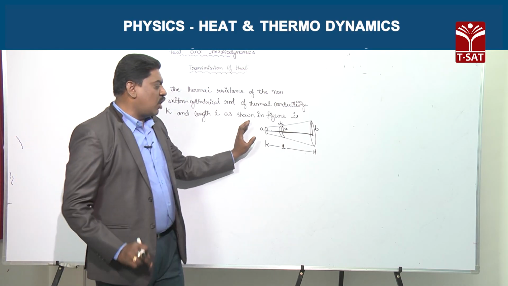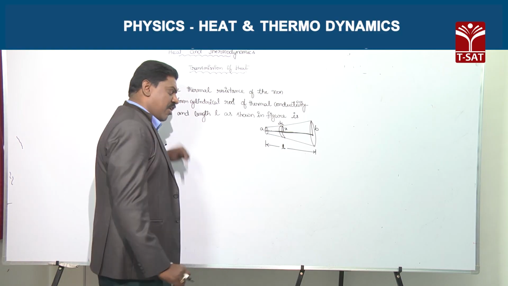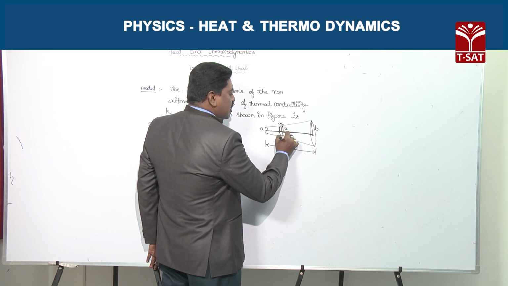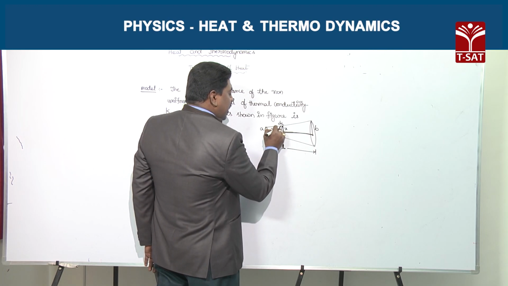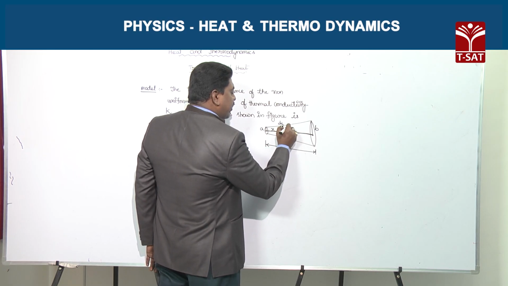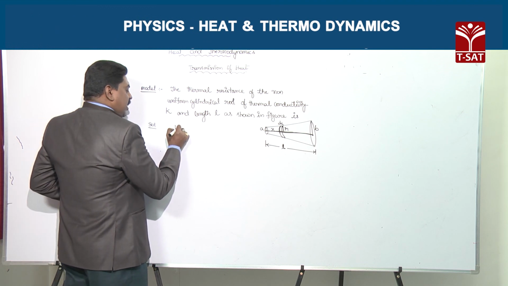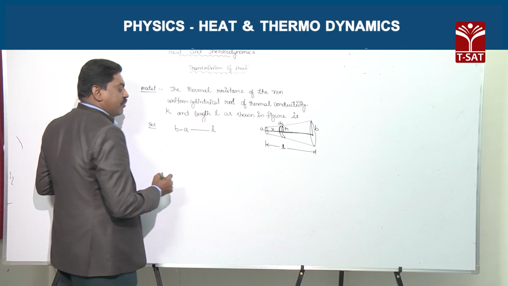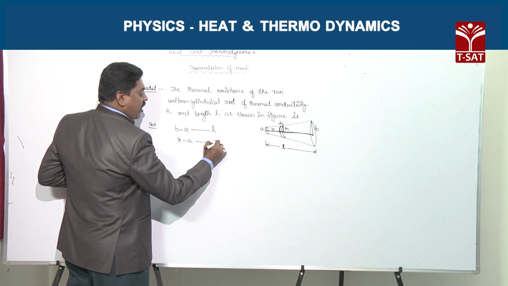Now in this case what we do is we consider change in radius per unit length. For this purpose we consider a small circular portion of width dx at a distance x whose radius is given as r. Accordingly, B minus A is the change in radius for length L, then r minus A is the change for length x.